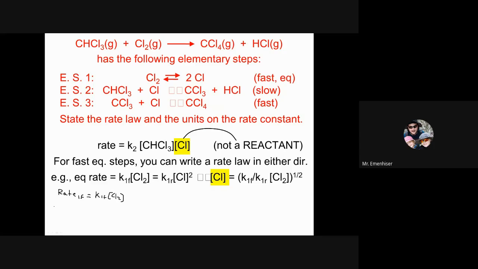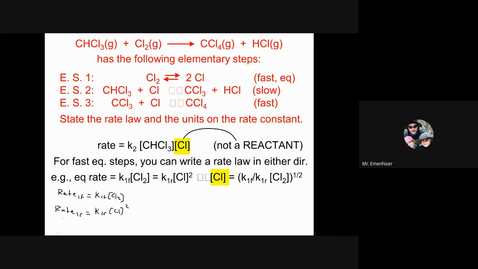And then we're saying the rate of 1 reverse is equal to the rate constant for 1 reverse times Cl squared. And so what we can do is solve this for chlorine.